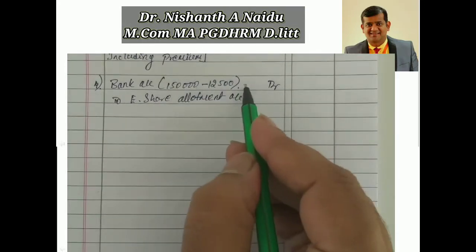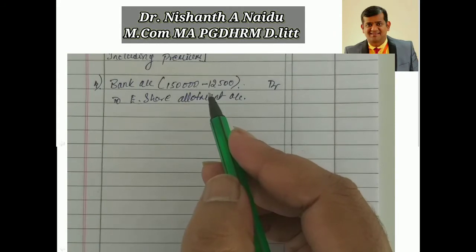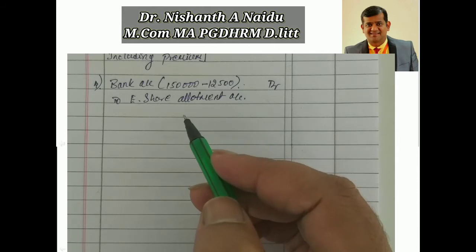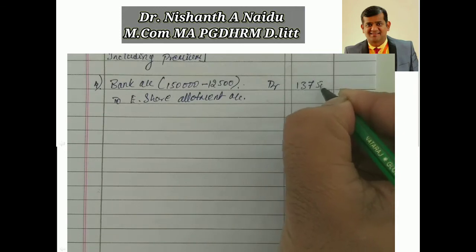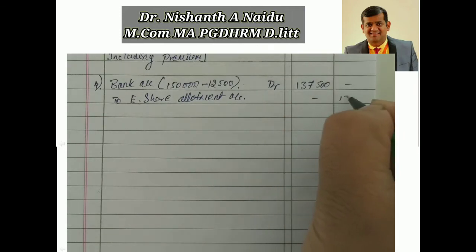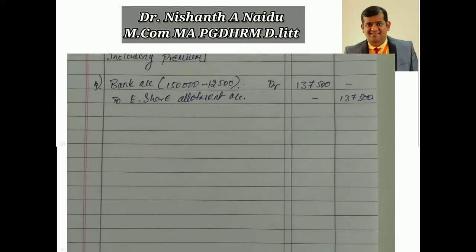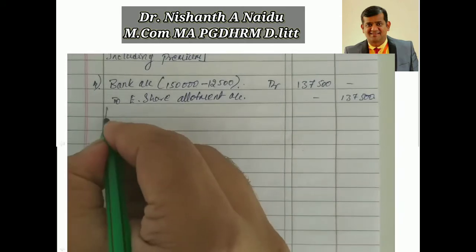So 1,50,000 minus 12,500 comes to 1,37,500 rupees. So how much have I received? 1,37,500. So write down the narration. What is the narration in such a case?